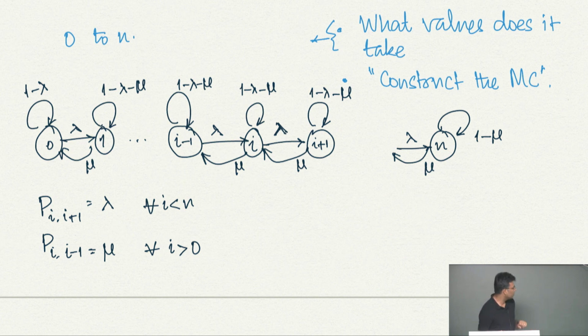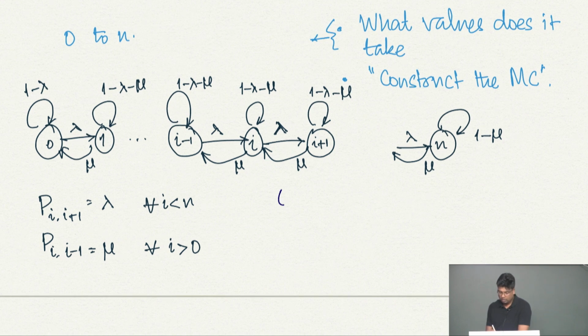So how many states are here? N plus 1. So I have a vector from pi 0 until pi n, and I want this to be equal to pi times P. I should not put commas because it's a vector, sorry. It's a matrix representation rather.